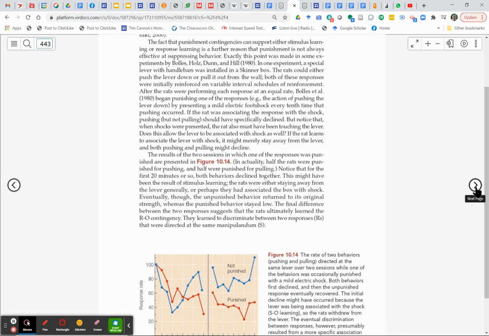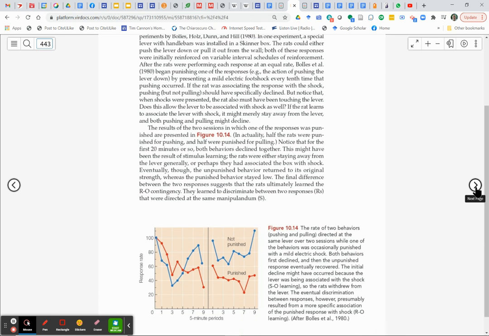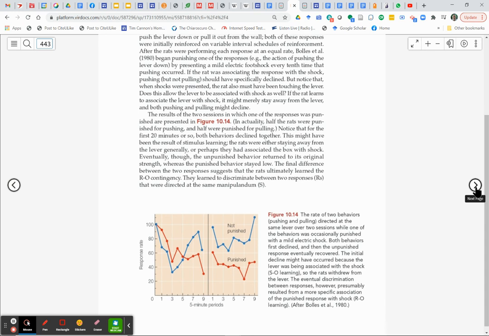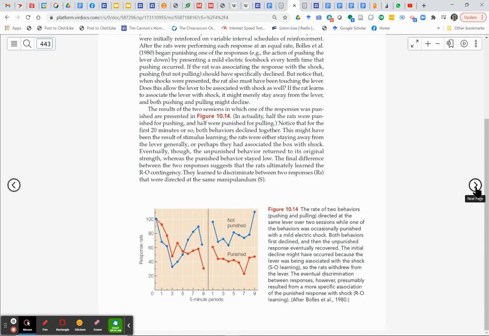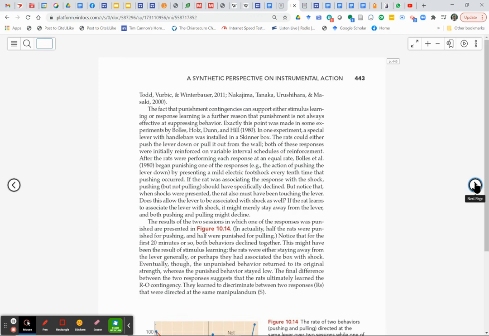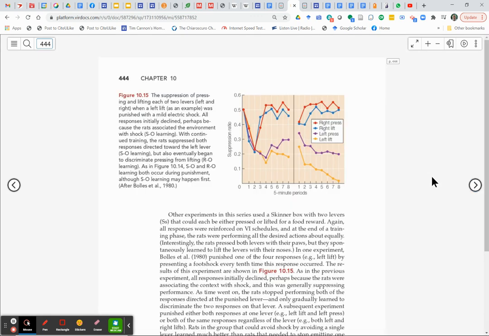And there's a nice discussion there of punished and non-punished behaviors, pushing and pulling a lever, and punishment can affect one behavior and not another.